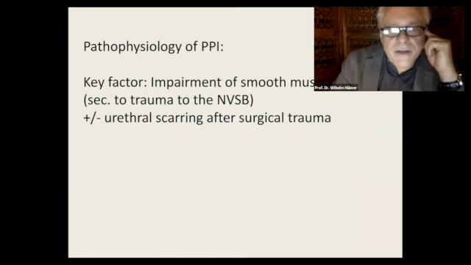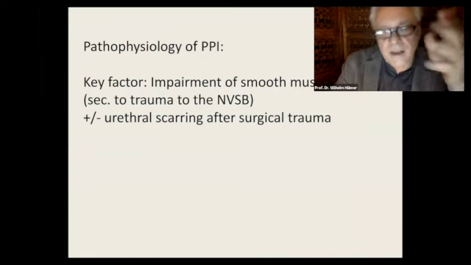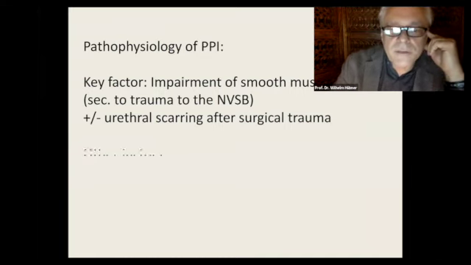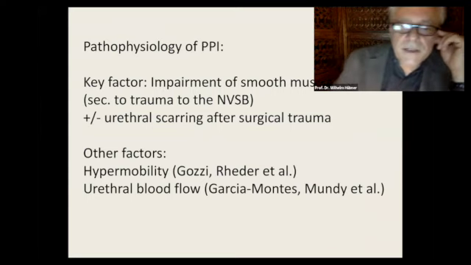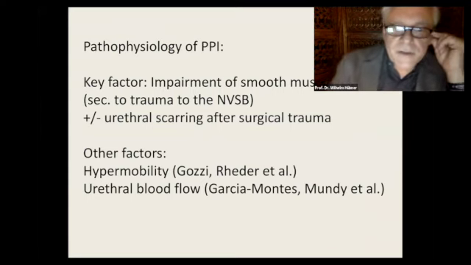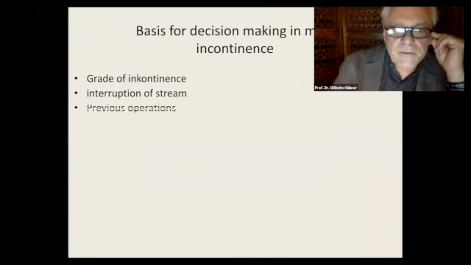So the key factor, in fact, is the impairment of the sphincter, either fibrosis or neurovascular bundle trauma. There are other factors like hypermobility or urethral blood flow, but in fact, we will not touch this topic. It will get too complicated, and the key factor is the sphincter itself.